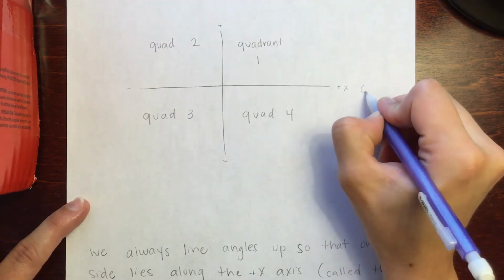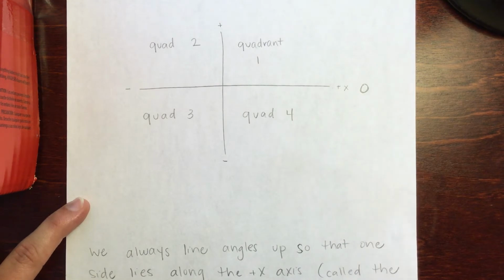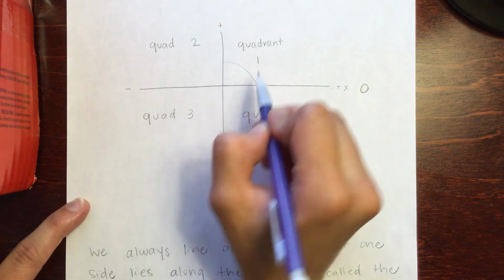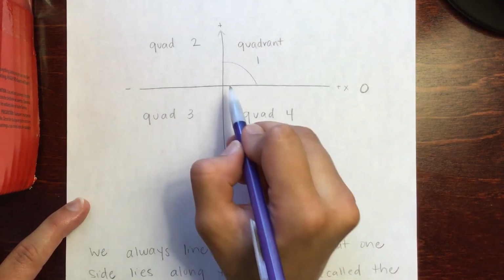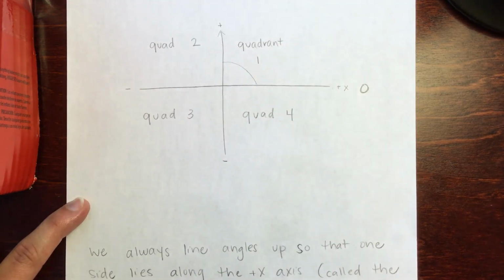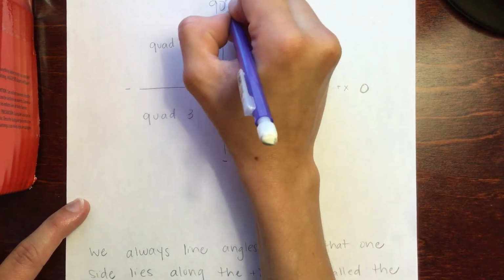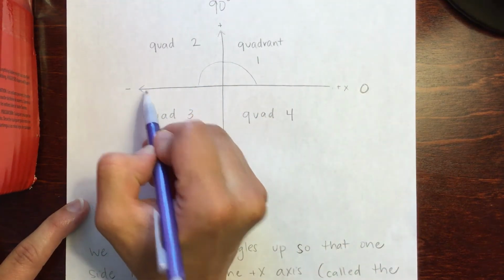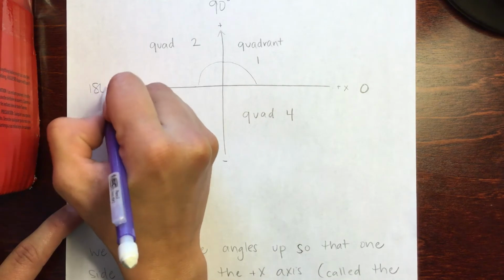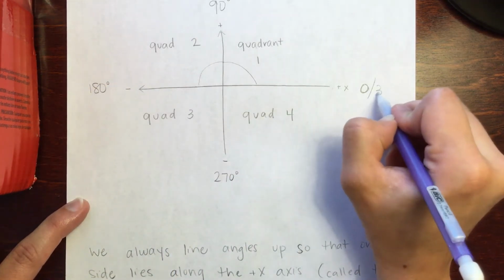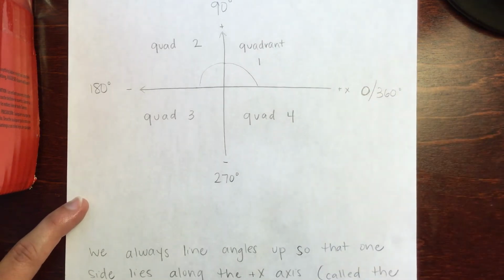So if we start with our angle right here and we don't open up or down, it's going to be 0 degrees. If we draw our angle so it opens straight up, remember it starts on the positive x-axis, but then we rotate the terminal side to point straight up, this would be 90 degrees. If I continue around and make it point straight backwards, this would be 180, 270, and 360 if we went all the way around to make a full circle.